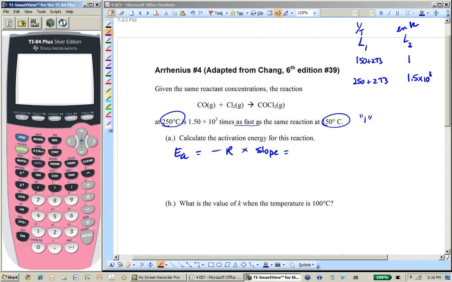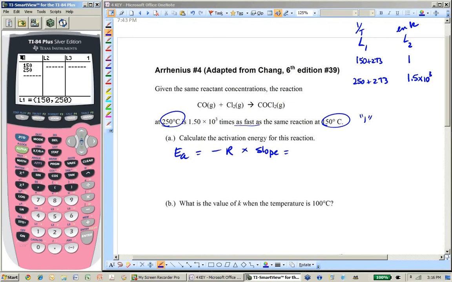So let's see how that looks in the calculator. Clear all my lists. Starting over here so I don't make any errors. I'm going to do 150 and 250. Go to the top.